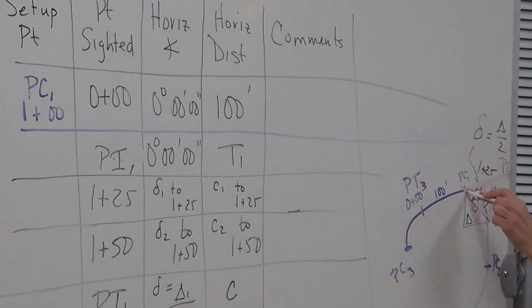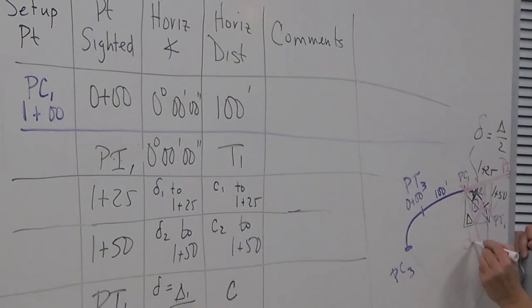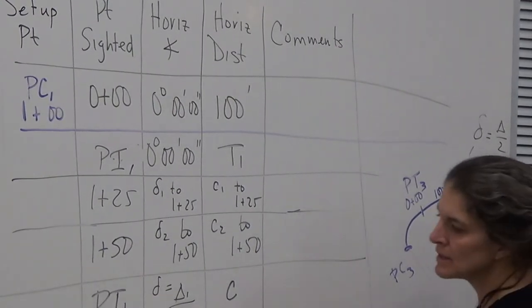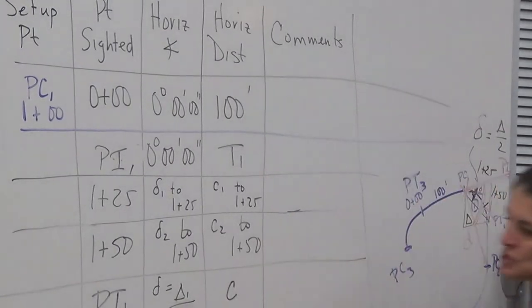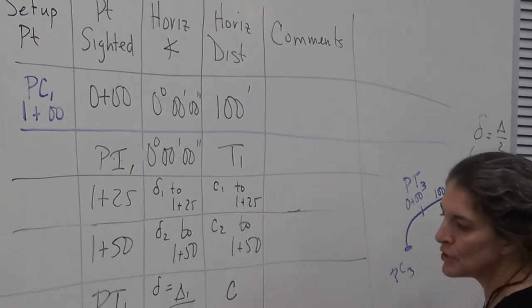When someone is set up right here on PC1, you're gonna have them cite the PI and turn a horizontal angle of alpha, and whatever this distance happens to be, let's call it D. From AutoCAD, you're going to be able to tell what this horizontal angle alpha is and what this distance D is, and you're going to put it on your sheet.